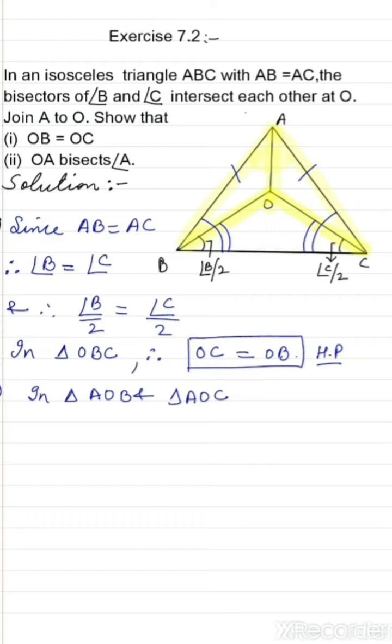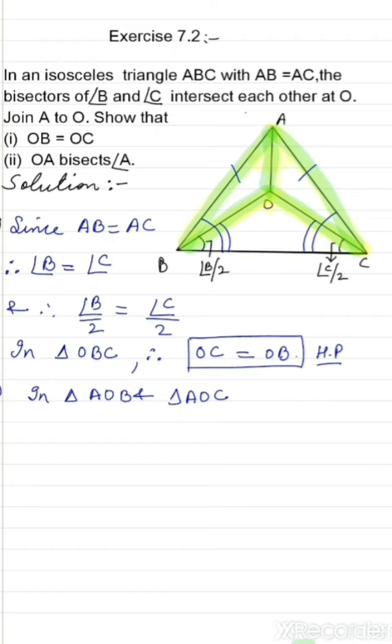You have AB is equal to AC. We have just now proved OB is equal to OC and OA is common. Therefore, by SSS, the two triangles are congruent.